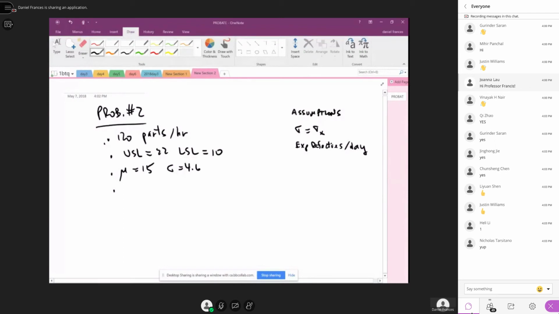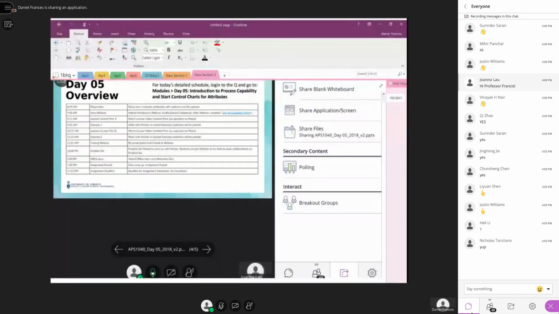So how many of the 120 are defective? That's what I assume. When it says produced, I produced 120 a day. So I want to know what percentage of those, or how many of those are defective. So what do I need to know? What's my next step? Anybody suggestion?